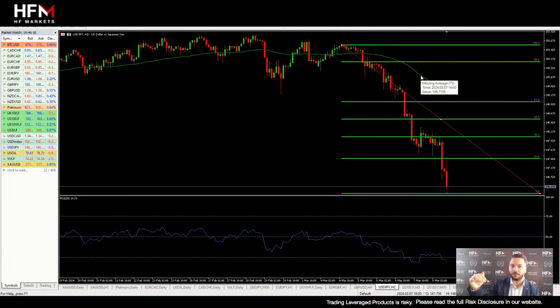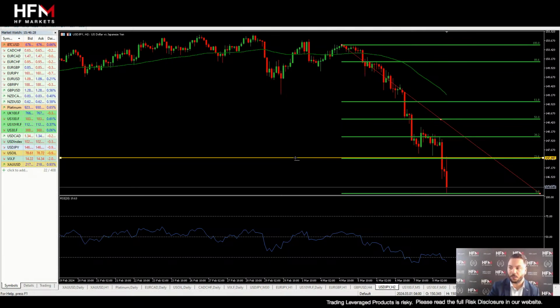Of course, as it starts to move up, the moving average will continue moving downwards temporarily. So that's one thing we can take into consideration. If not, we may see a weak retracement, which is at the 23.6 Fibonacci price. So that's at the 147.42 mark.